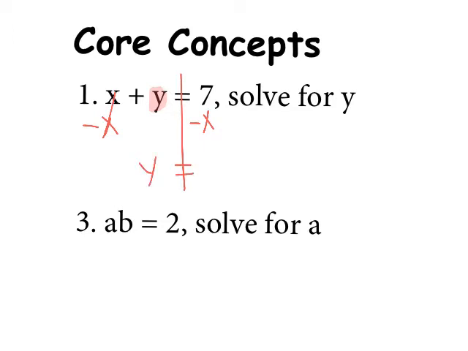Do I have any like terms on the right-hand side? No. Read me what you see on the right-hand side. What do you see on the right-hand side? What? 7 what? I can't hear you. 7 divided by negative X. Are we actually dividing? Did we show a division there? It's subtraction, right?